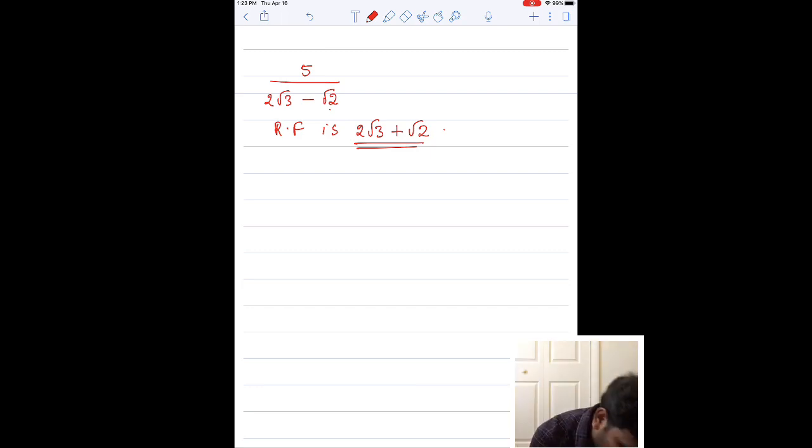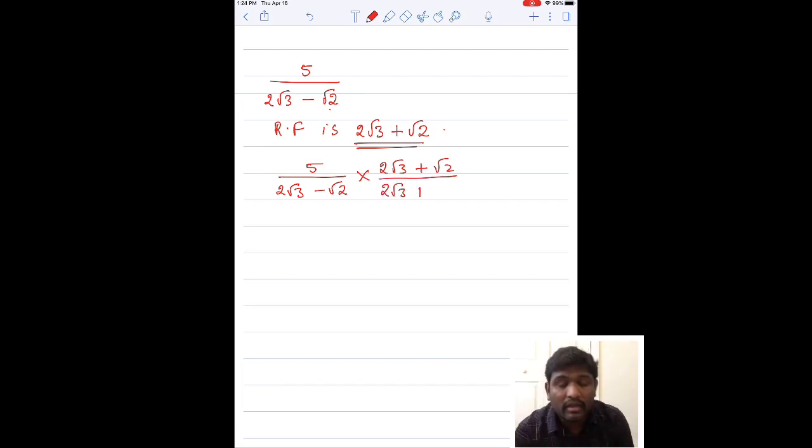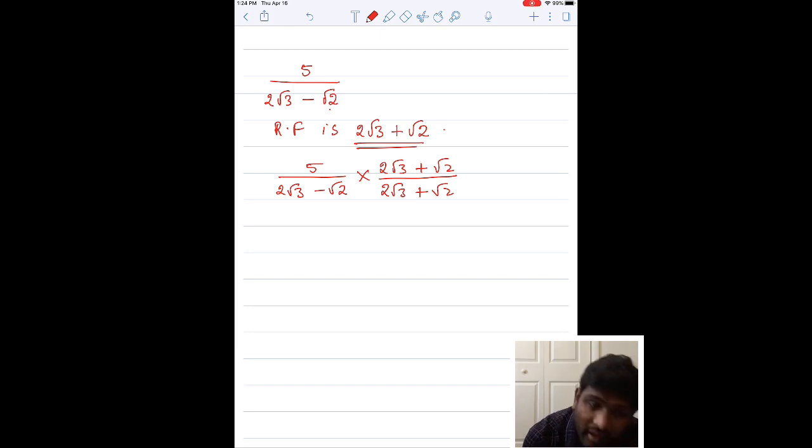Now how to rationalize? For 5 divided by 2 root 3 minus root 2, we will be multiplying and dividing with the rationalizing factor. Whatever you multiply with the denominator, the same thing should be multiplied to the numerator. So I am multiplying as well as dividing.